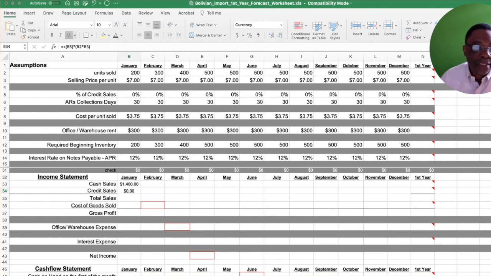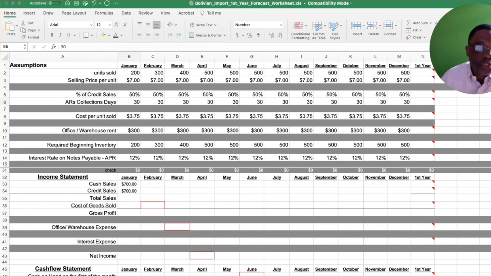So that means that instead of showing total cash sales of 1,400, we should see 700 there, and we should see 700 in credit sales. So I'm going to change this assumption now. And I just changed the percentage credit sales to 50. And now look what happened. Our cash sales are now 700, and our credit sales are now 700 for a total of 1,400.